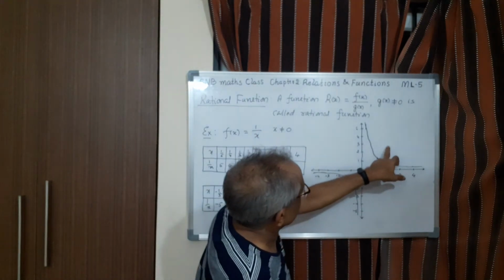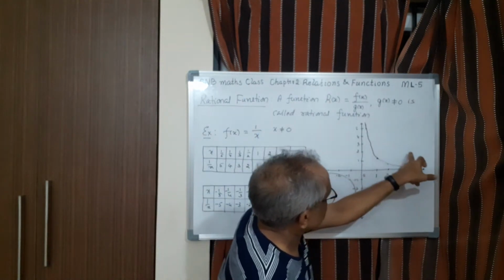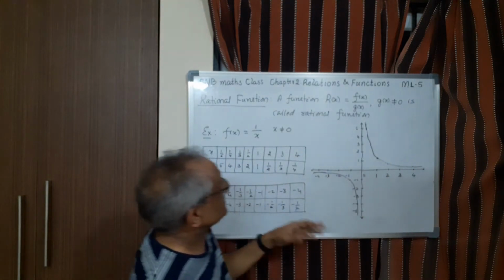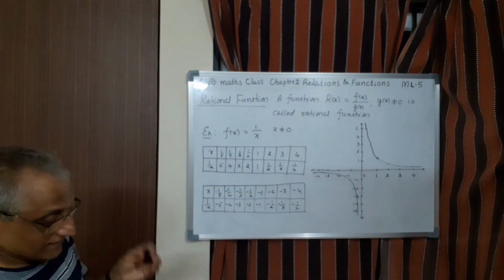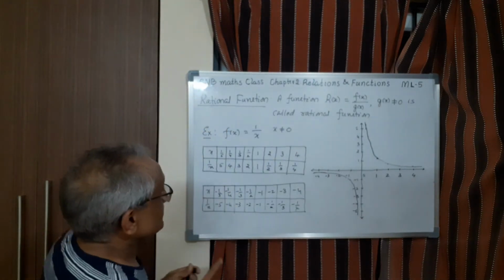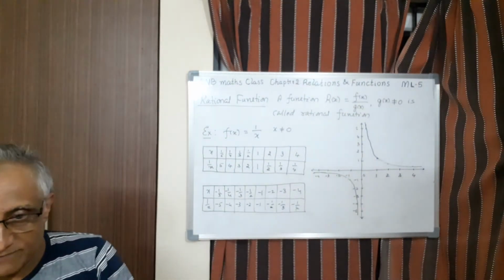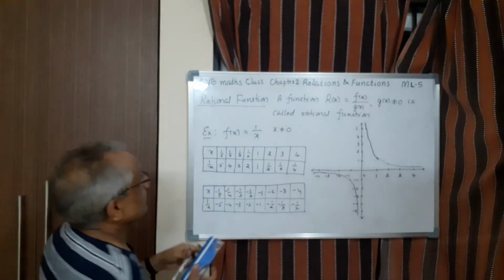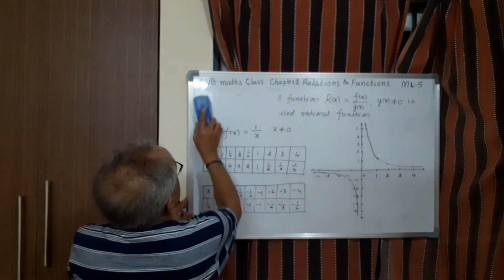So 2 by 2, here you will get 1. So another curve like this you get. They will never intersect like this. Here another like this. So this is a very beautiful pattern. So see, when you draw the graph, you will see the beauty of certain graphs. So this is the reciprocal function, which is an example of a rational function.